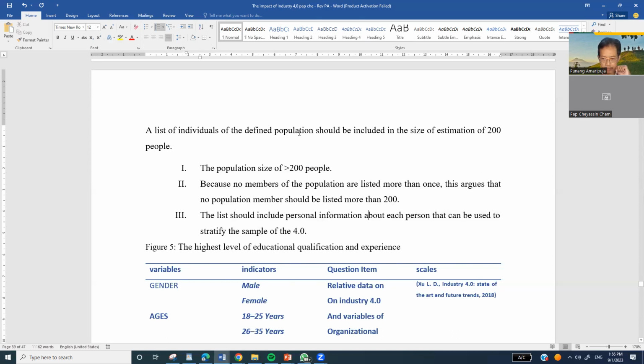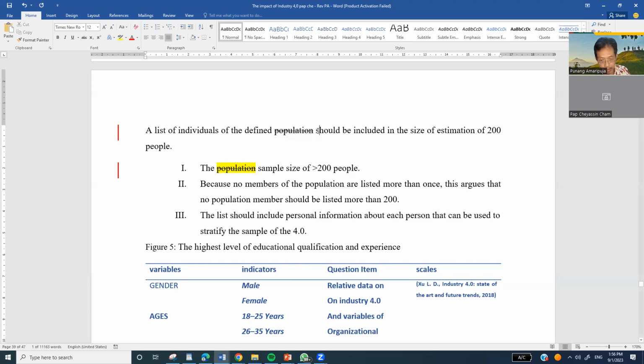First here, 200 is not the population. 200 is the sample, right? Yeah, it's a sample size. So I'll just strike this out. And it's not greater than 200.